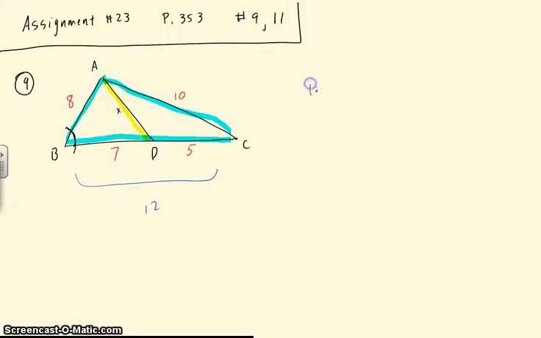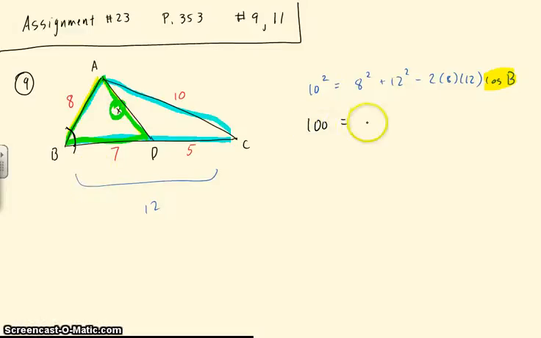It would be 10 squared equals 8 squared plus 12 squared minus 2 times 8 times 12 times the cosine of B. So what we're going to do is solve this for the cosine of B. We don't really have to figure out what the angle is. Then we're going to use the smaller triangle right here, and use the law of cosines to find that length. So let's go ahead and do this.